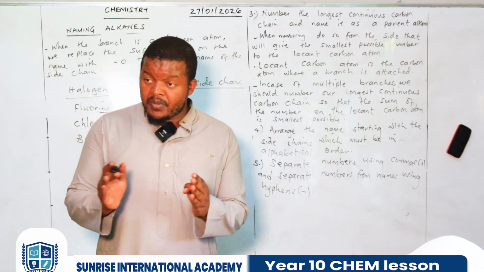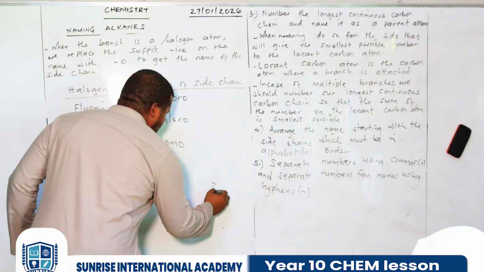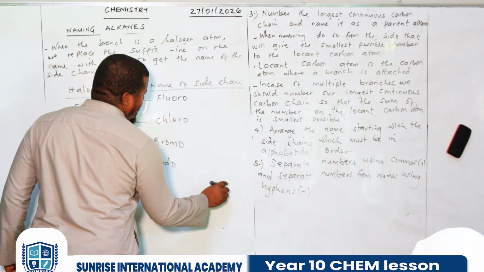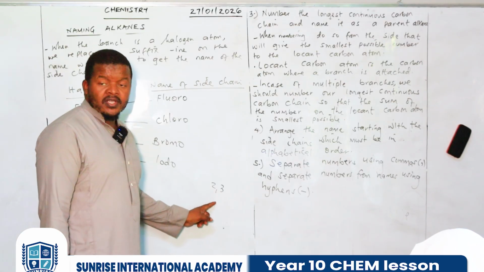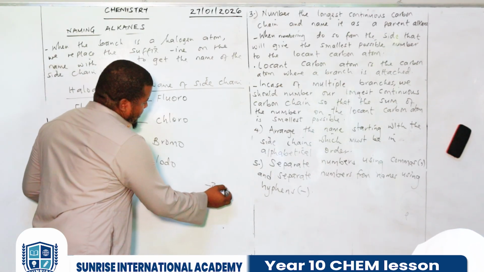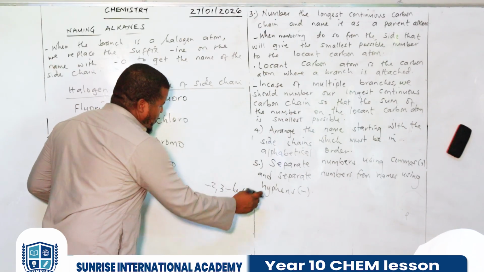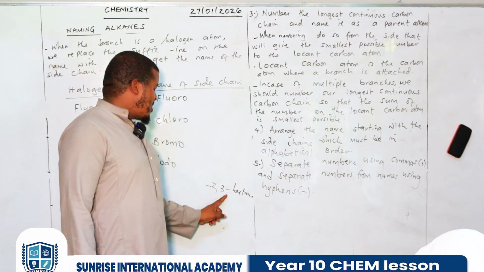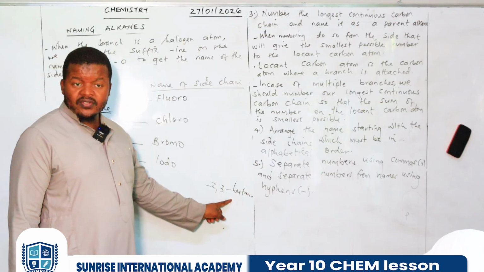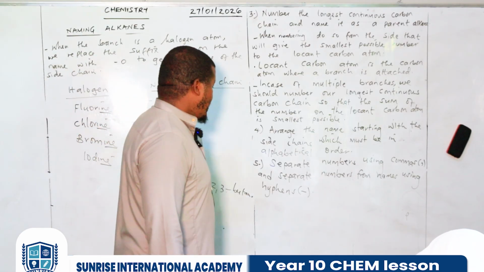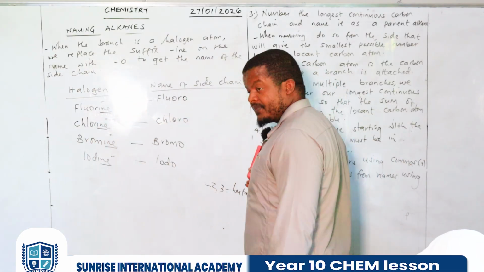So let's say you have 2, 3. Between 2 and 3, you must use a comma to separate the numbers. But between the numbers and the name, for example 2,3-butyl and all that, separate the numbers from names using hyphens. Very important. That is rule number 5.